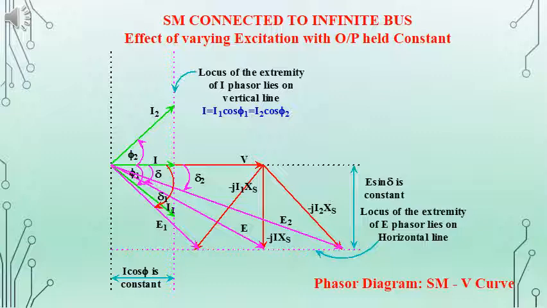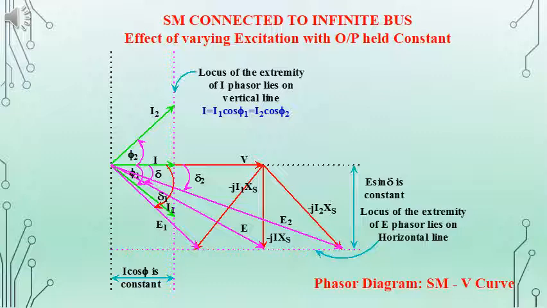That implies the output power from the synchronous motor, even if there is a change in power factors, remains the same, and the input power remains the same as V I cos phi or V I1 cos phi 1 or V I2 cos phi 2.